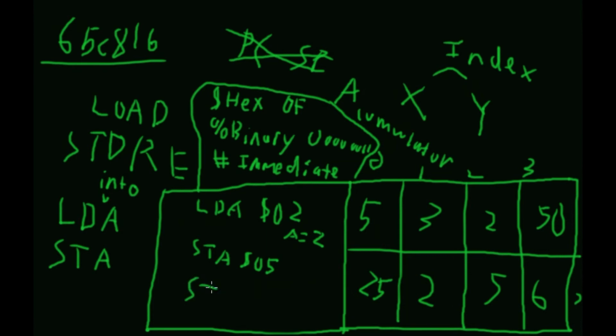Some people may ask, what if we store A into memory address 00 immediate? But you can't store anything into an immediate. That doesn't make sense. That's bad. You don't do that. An equivalent would be saying, okay, you know the number 7?